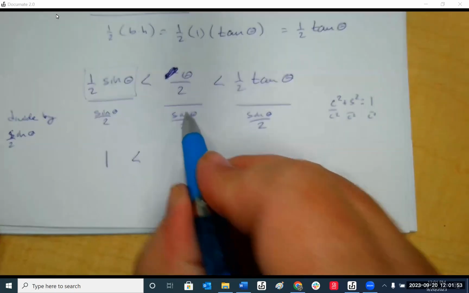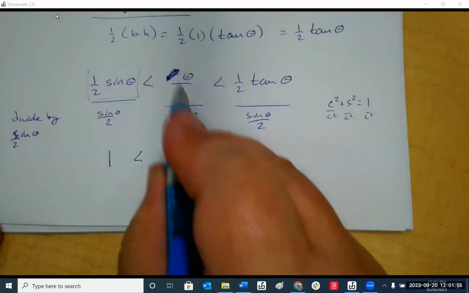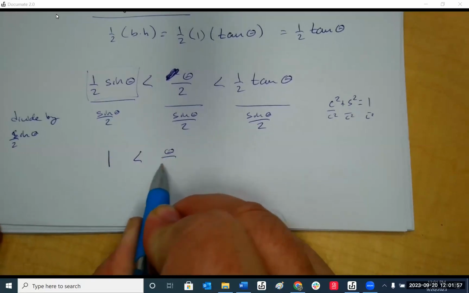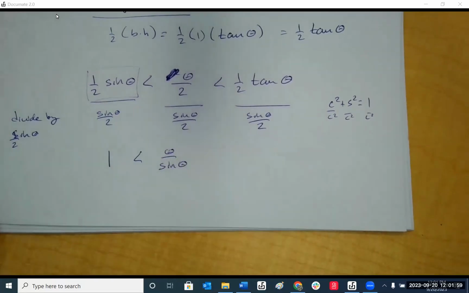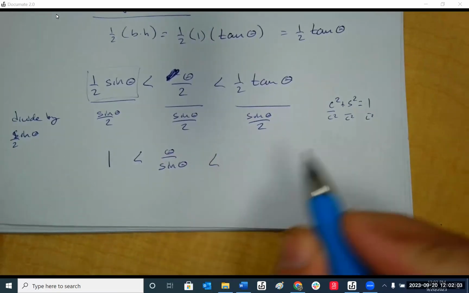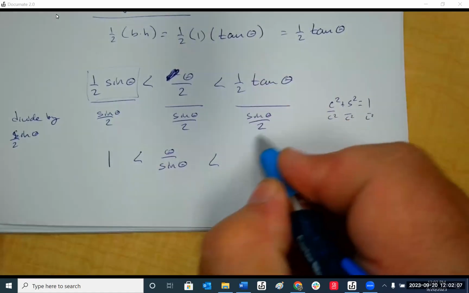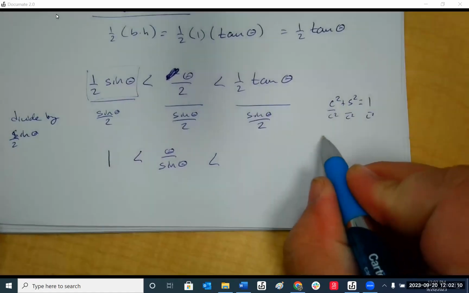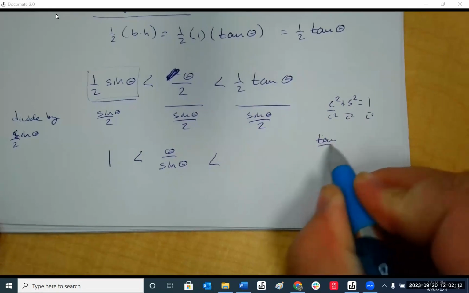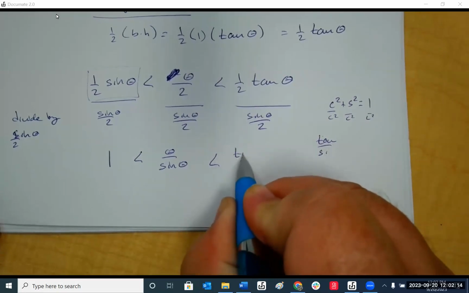So what happens here? The 2's cancel, so we have theta over sine theta. So this is tangent over 2, flip that, so the 2's cancel, so we have tangent over sine.